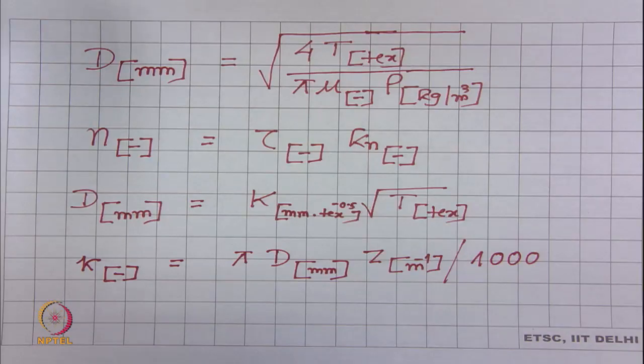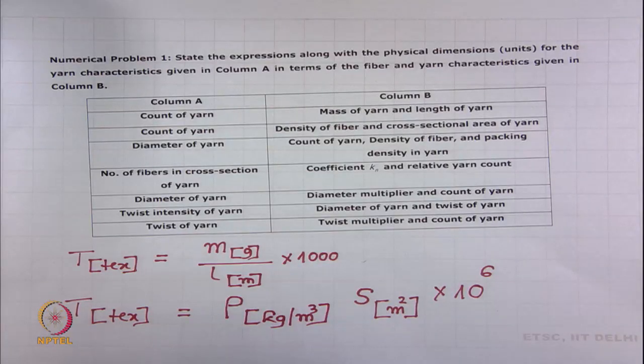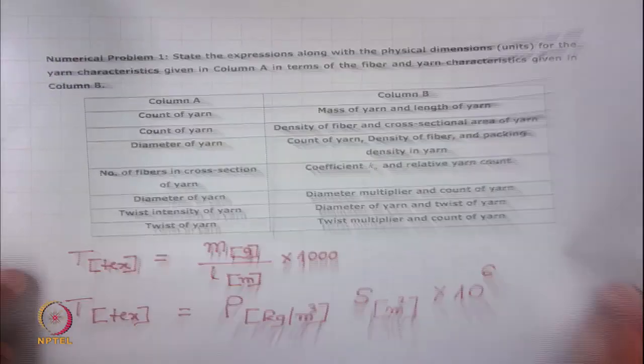Then the last expression, twist of yarn in terms of twist multiplier and count of yarn.